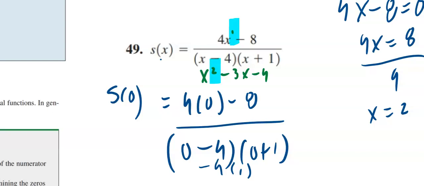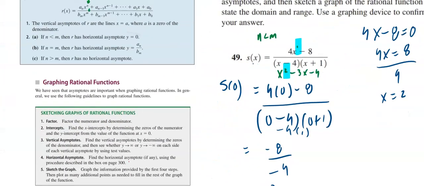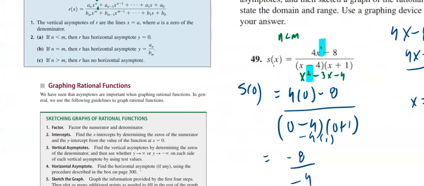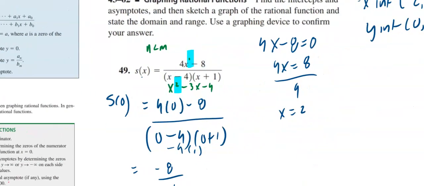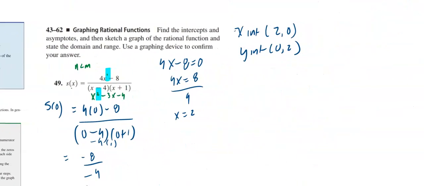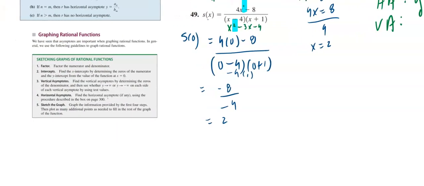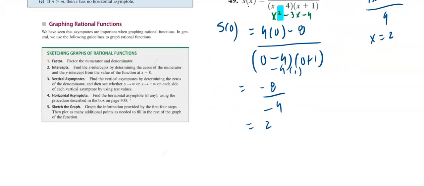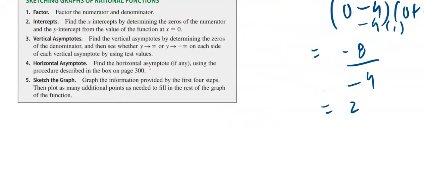We've got n is less than m, and going back to our interpretive table, n is less than m, y equals 0. All right, so that means we have a horizontal asymptote of y equals 0, and we're almost there. Let's find any vertical asymptotes. To find vertical asymptotes, I'm going to draw you back to this table. Vertical asymptotes, number 3.